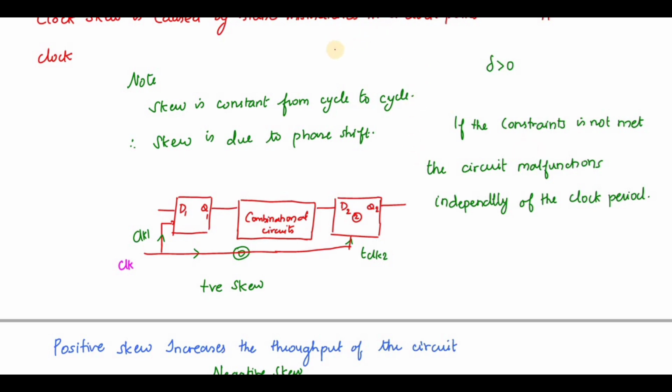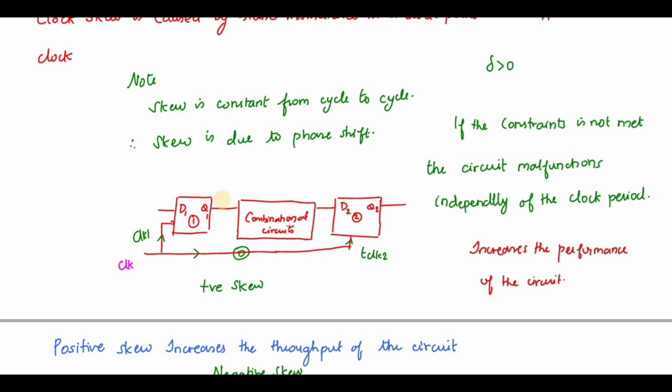So the clock skew increases the performance of the circuit, because it can take more time to process this data, right? That is, it can take more time. Okay, so there will be no problem if I increase the del value, right?